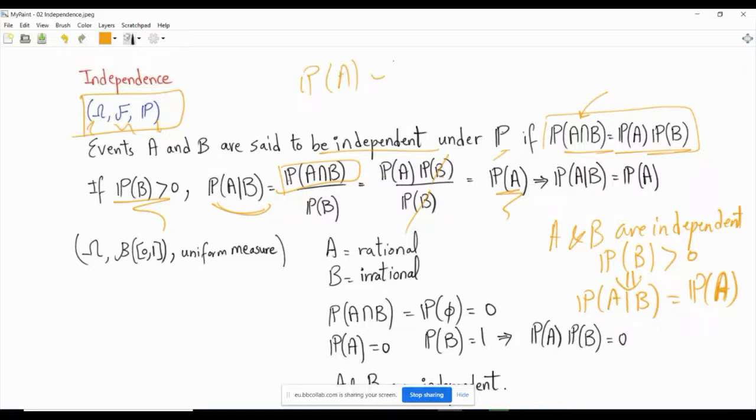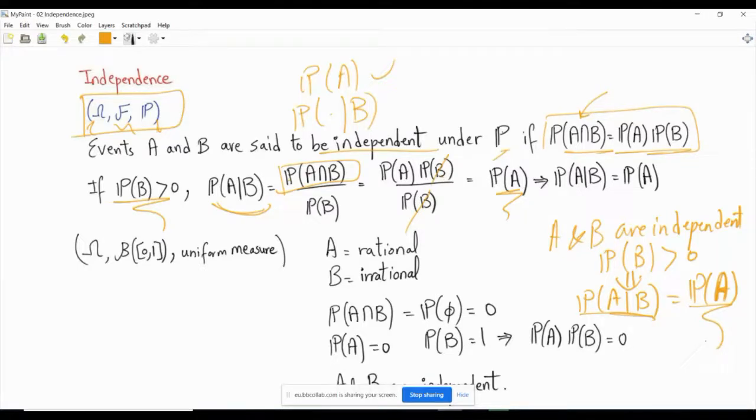Then you assign a probability to A. Now you say, okay, let's play the game of conditioning. You choose B, which is an event of strictly positive probability. You condition on B, so you have a new probability measure. But then you compute the probability of event A under this new probability measure, which is the probability measure when we condition on B, and you get the exact same probability of A. So we say that A and B are independent, meaning, intuitively, that B tells us nothing about A.